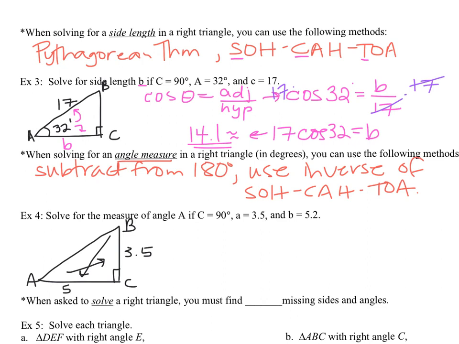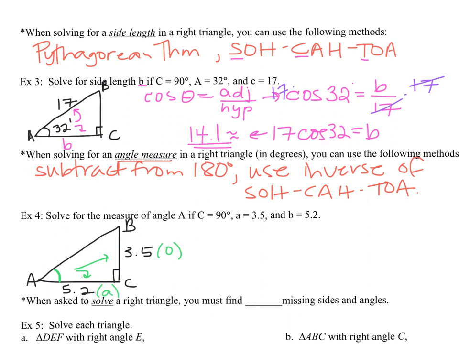That will go at the bottom. So we're trying to figure out how we can connect those two values for angle A. If we think of A as our reference angle, kind of like our theta again, the side length 3.5 is the opposite side length. And the side length 5.2 is adjacent.